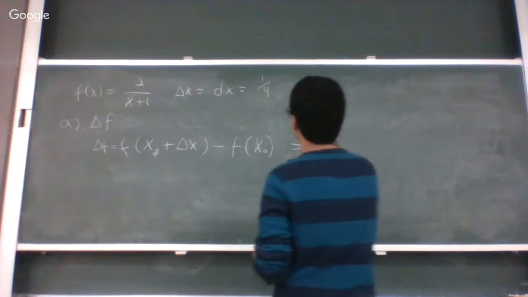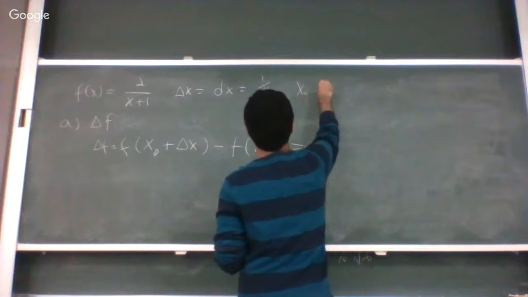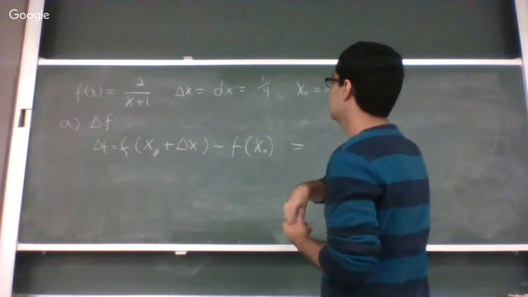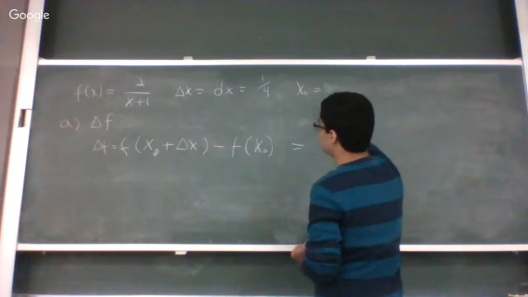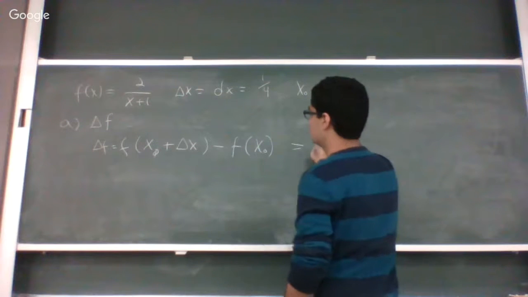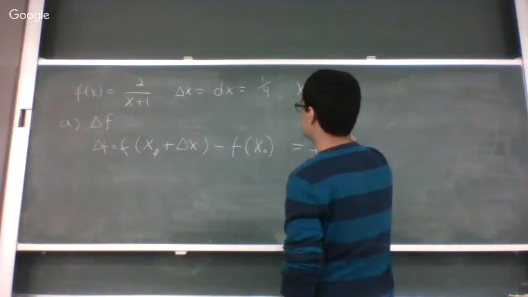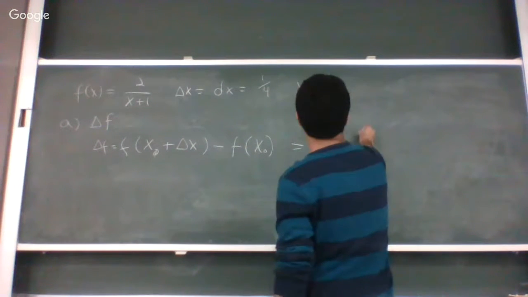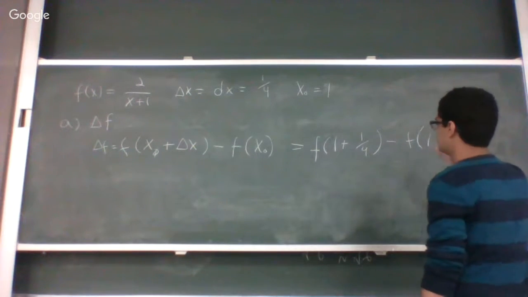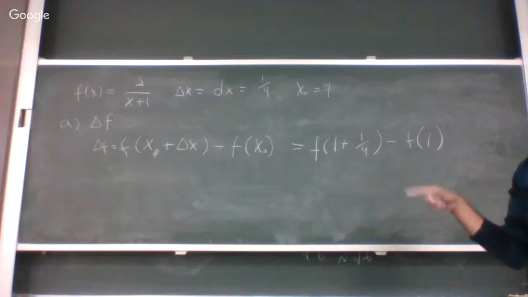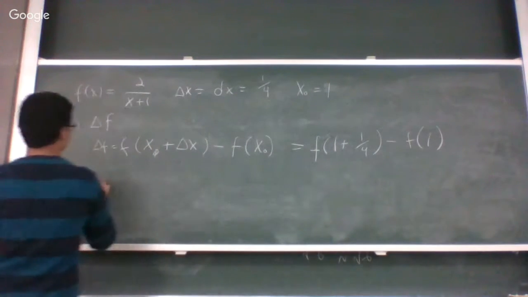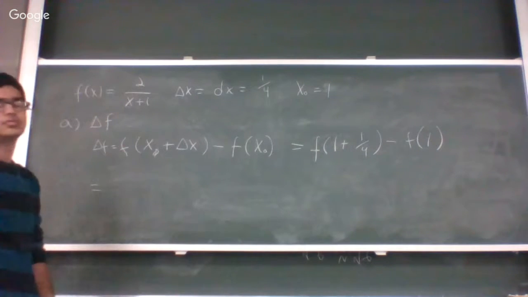Let's make x naught be 2. Or let's do 1. That'll make it easier. So then we have f of 1. Oh, you are kind of doing a finalized definition.